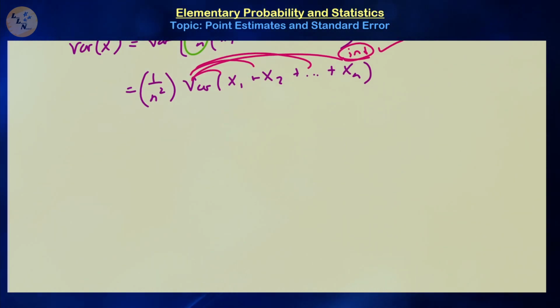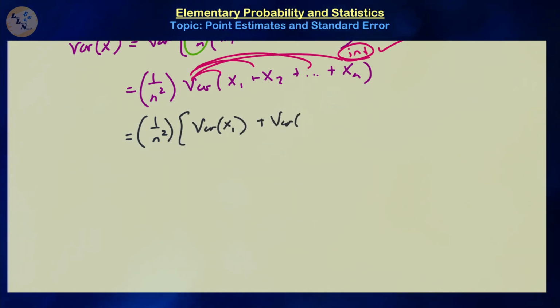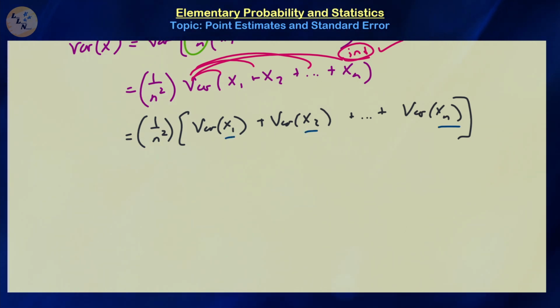Then this is going to be equal to 1 over n squared times the variance of x1 plus the variance of x2 plus all the way down to the variance of xn. Again, we're assuming that each of these values, x1, x2 down to xn, are coming from the same exact population. Hence, they have the same exact theoretical variance.